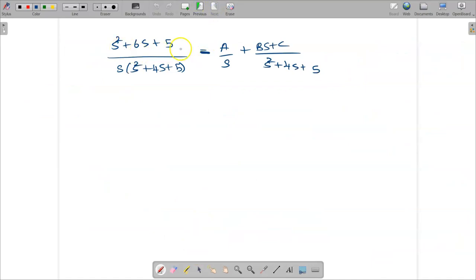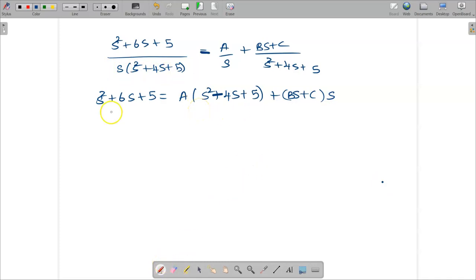So once you have done that, keep your numerator term on the left side as it is, s square plus 6s plus 5, which is equal to, then see the denominator and compare with the denominator here. For the A by s term, s is already there, so the term which is not there, that you have to multiply with A. So A into s square plus 4s plus 5. Similarly, Bs plus C, okay. So here the denominator is s square plus 4s plus 5, compare that with this, already that term is there, so the term which is not there, that you have to multiply here. Okay.